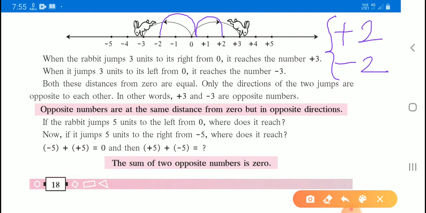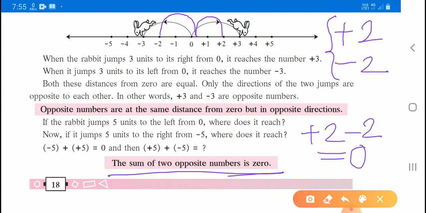If you add these two numbers, plus 2 and minus 2, then you will get 0. Means the sum of two opposite numbers is 0. Keep in mind, the sum of two opposite numbers. But which two opposite numbers?